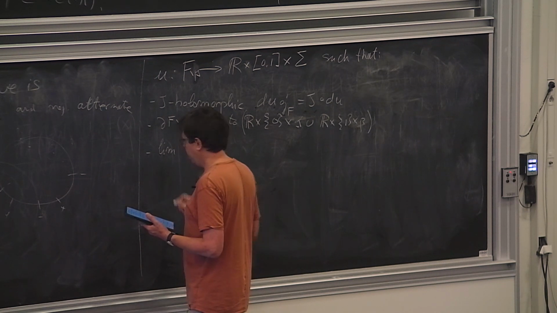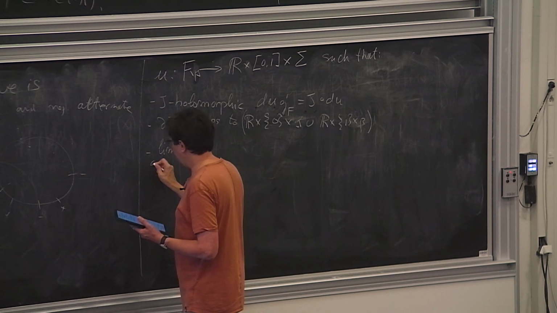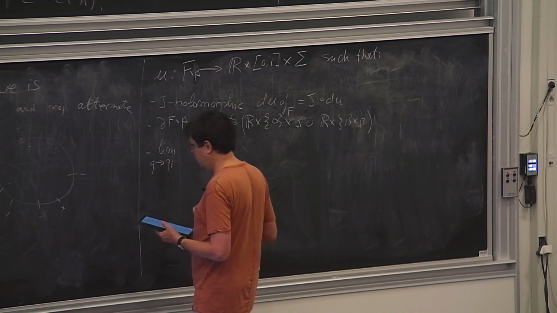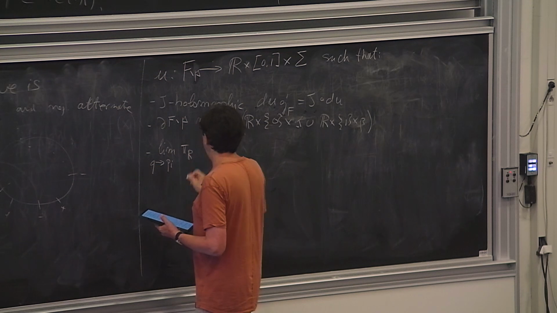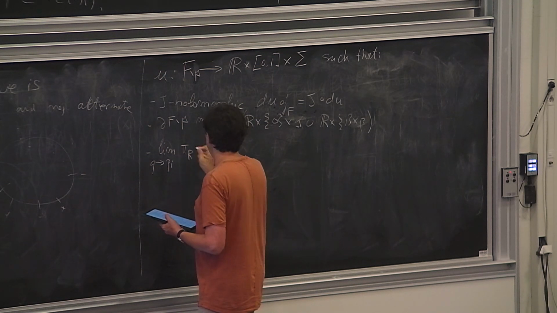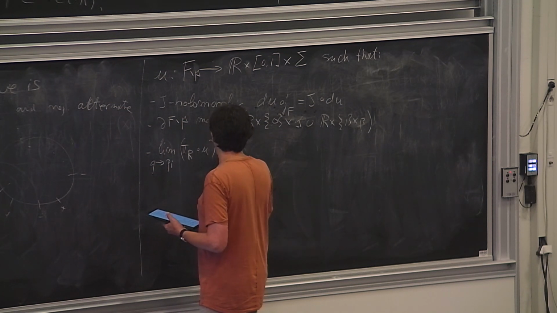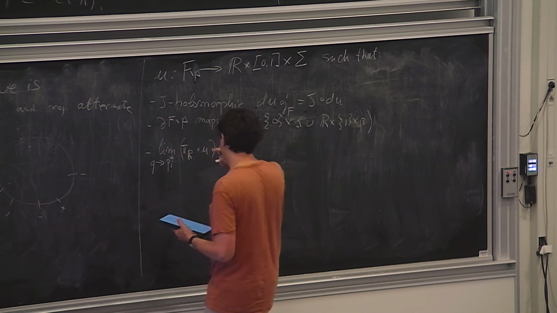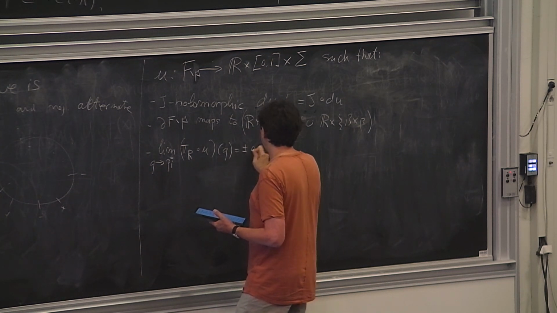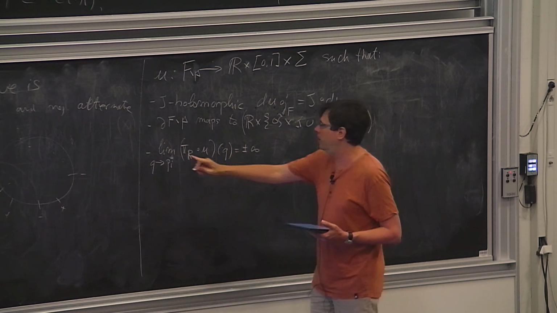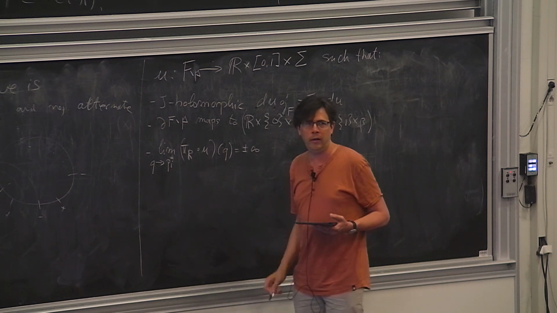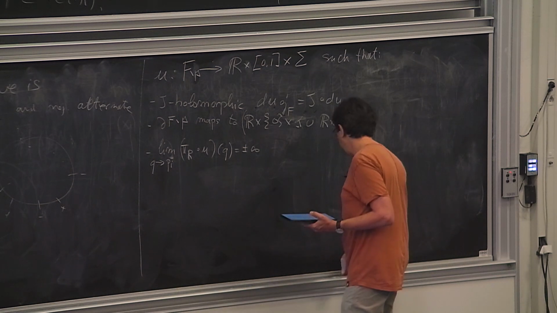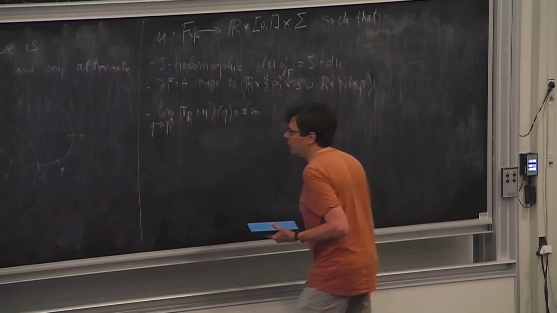The limit as q goes to p_i of pi_R composed with u of q, and here pi_plus or minus is equal to plus or minus infinity, and that's what it means, the positive and negative punctures. So some notation that I forgot to introduce before. I'm sorry.